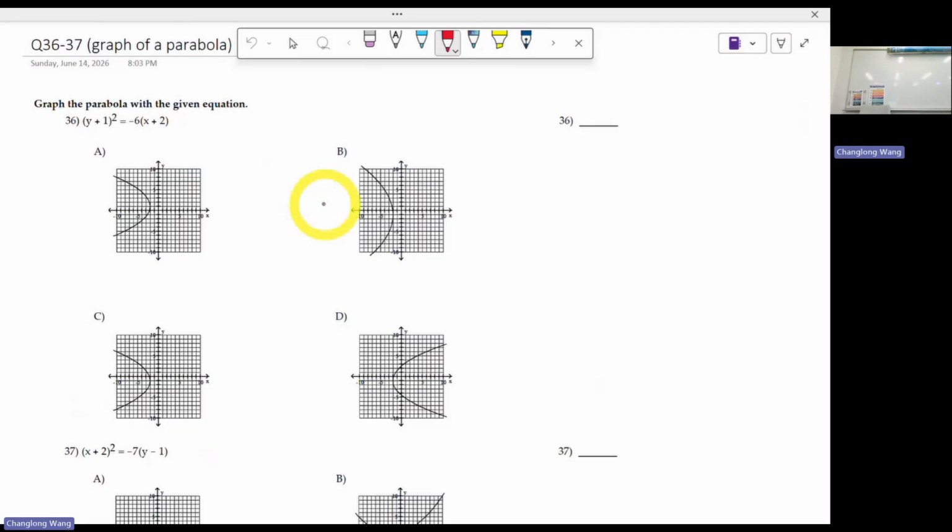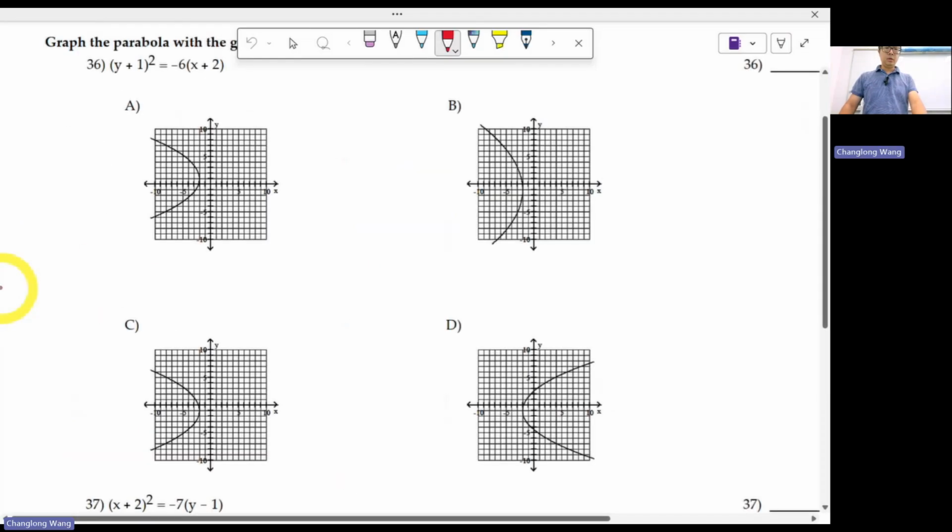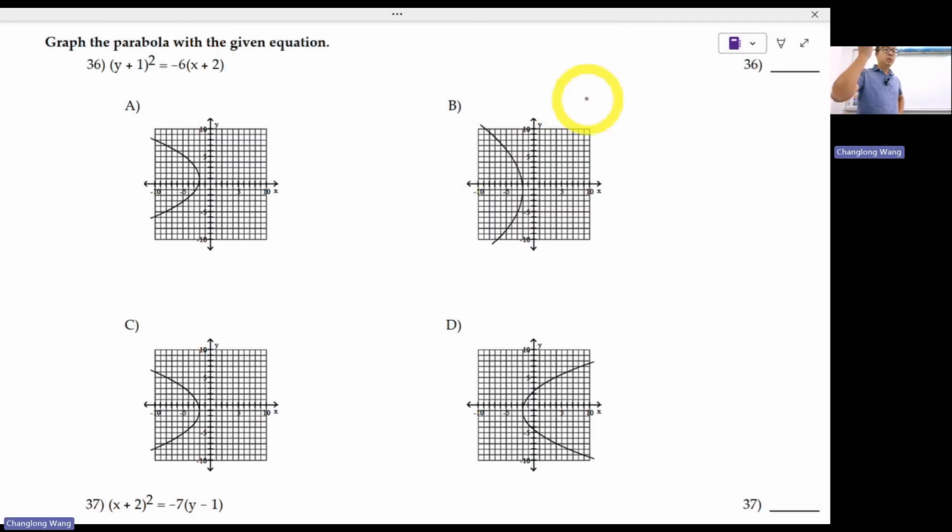I know it's kind of hard since the graph will be hard to read, but there will be a few questions like that in the test. So try to look a bit closer. But you always have to look at the options and find out something that you could have used to eliminate them. For example, can we read off the vertex right away in 36?